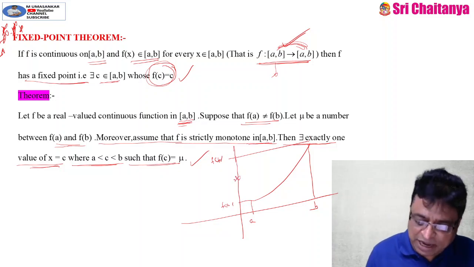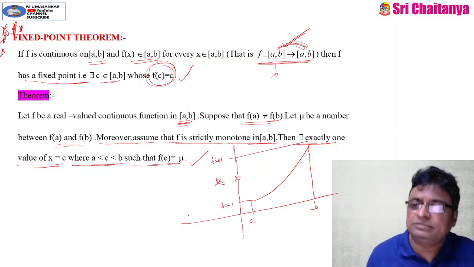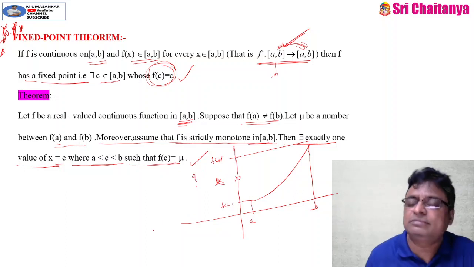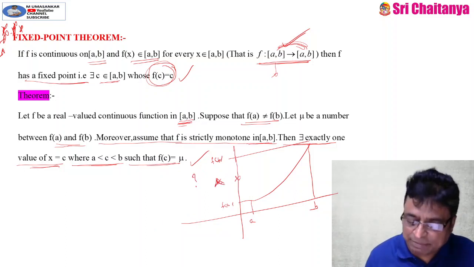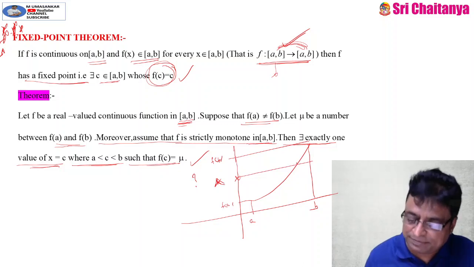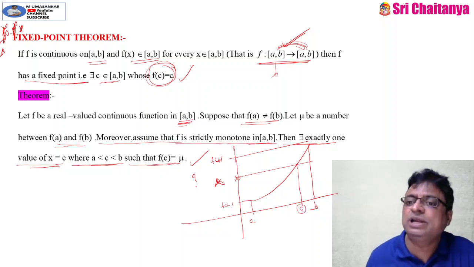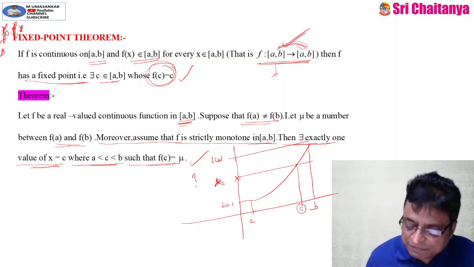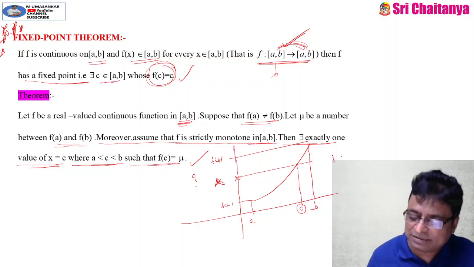Then you take any value lambda here. You ask, what is this lambda? Then immediately I can give a reply like this. You draw a line parallel to this lambda, and it intersects the curve here, and you take the corresponding value, let it be c. Where is c? It is the point in between a and b only. And the value of f of c is nothing but lambda.